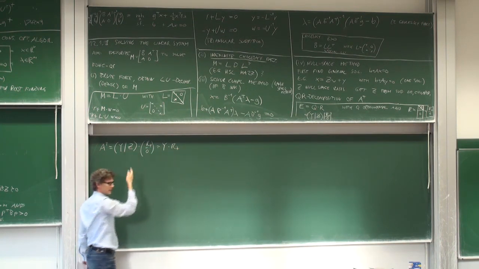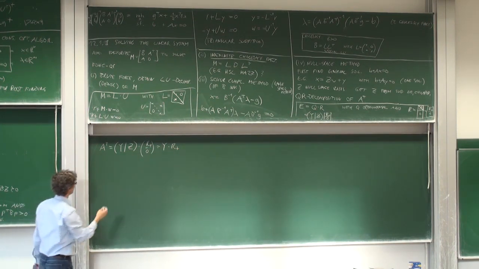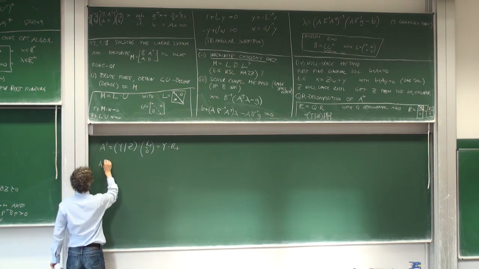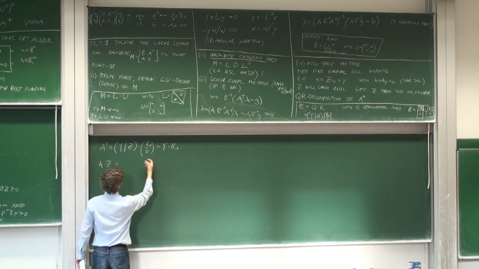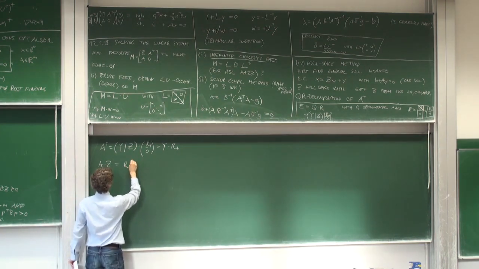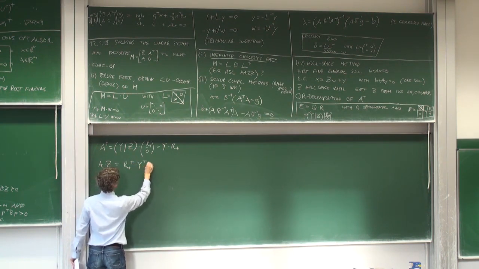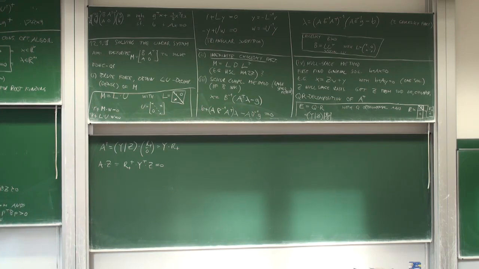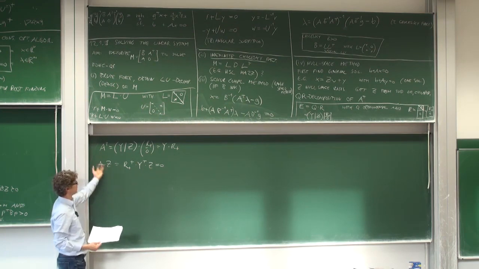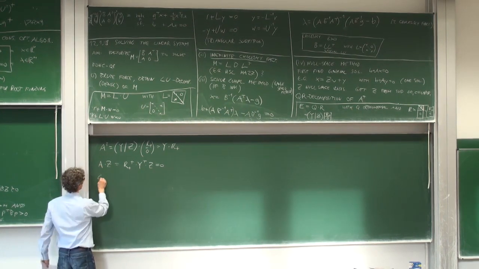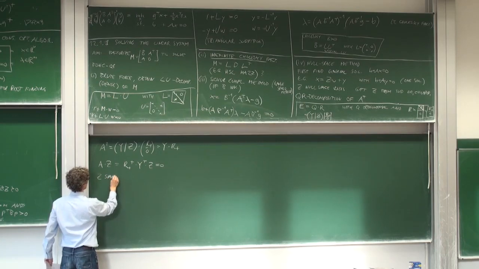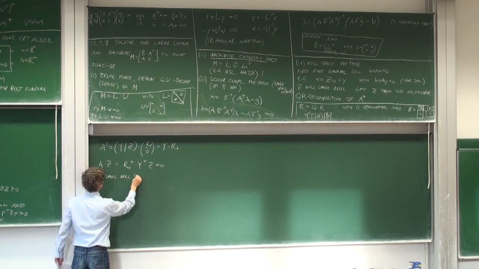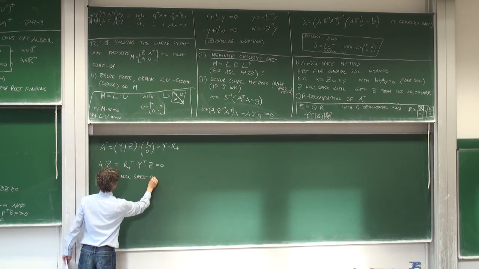So the Z part is actually not needed, but it has the property that A times Z is R plus transpose Y transpose Z, and it gives 0. So whenever you put Z into A, it will give 0. So Z spans the null space of A.